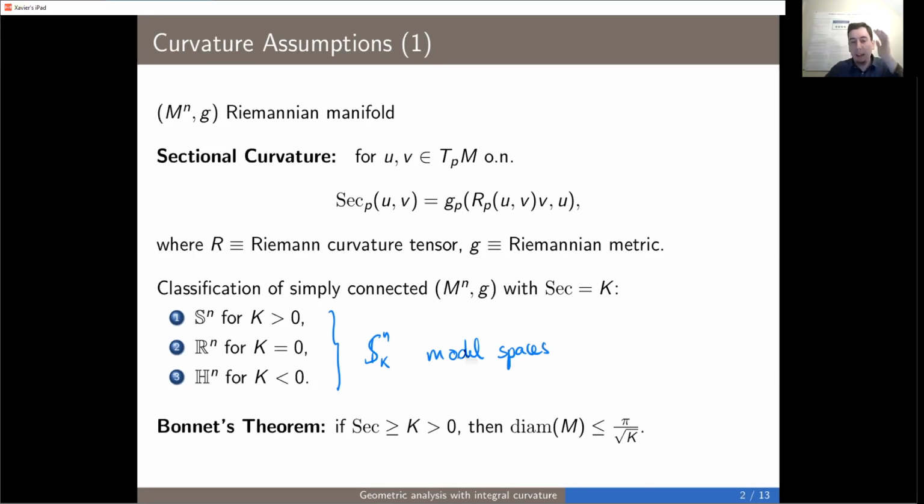Bonnet's theorem is a theorem from the 19th century. Originally it wasn't formulated in this way because at that time sectional curvature wasn't a thing yet.